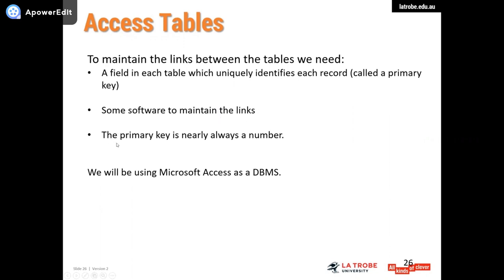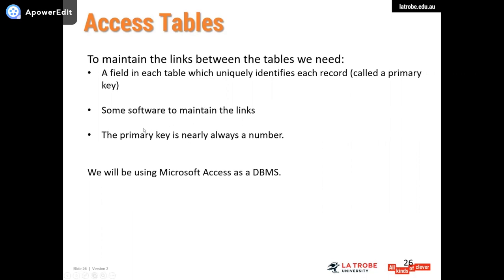It can be a string or a letter, but the letter and string sometimes depend on small or capital letters, and sometimes contain strange characters. So in order to maintain a good database, you are recommended to use a number as your primary key. Now we can use Microsoft Access as our DBMS tool.